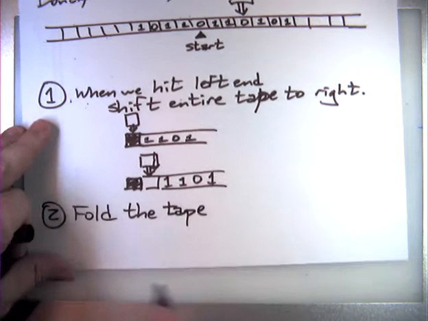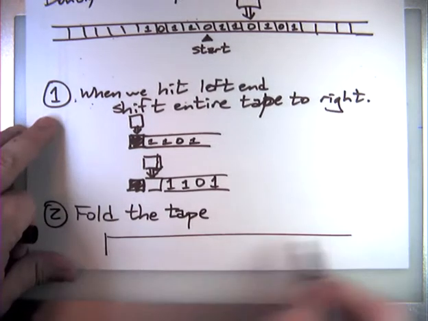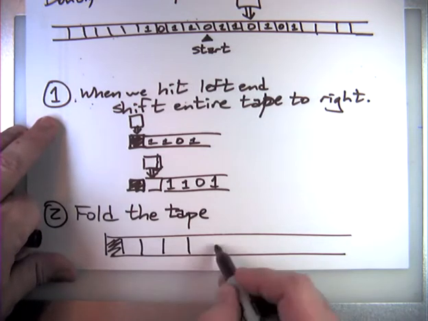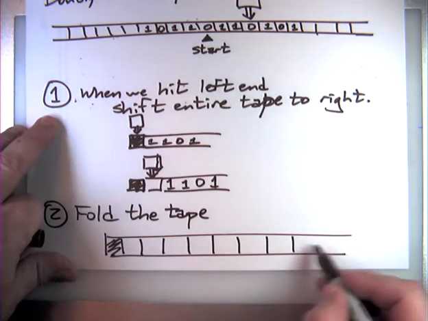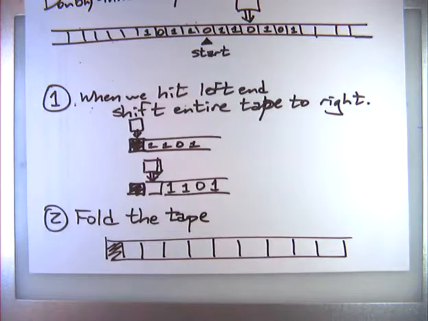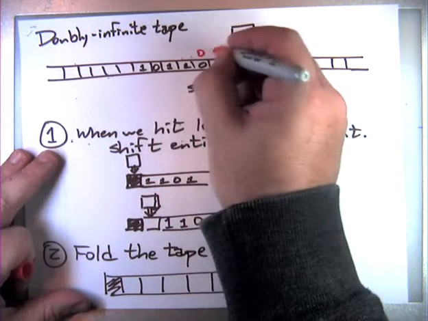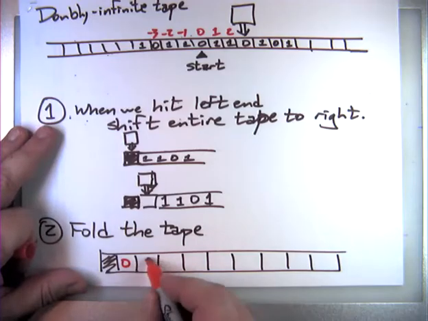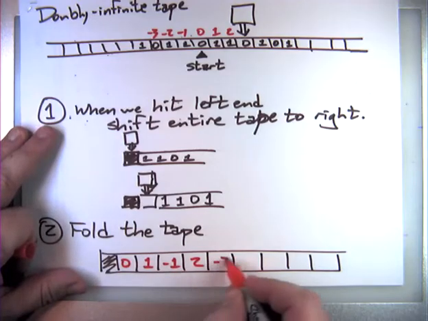So what the tape would actually look like then, and now I'm going to write not the content of the tape, but the indices up here. So this is, for example, index 0, 1, 2, -1, -2, -3. The indices might look like this.